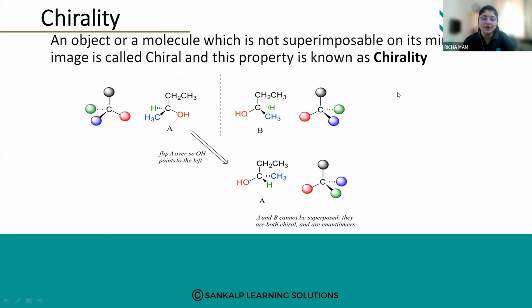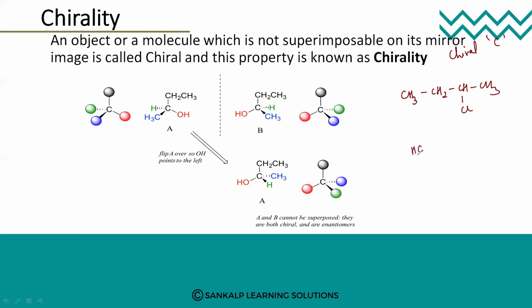If I take this compound, CH3, CH2, CH, CH3, and Cl, can you tell me which is the chiral carbon? Yes, CH, right?